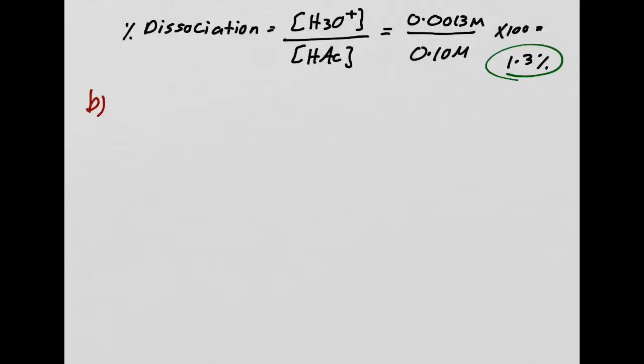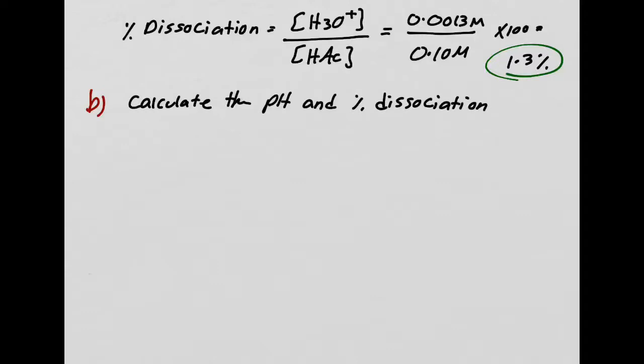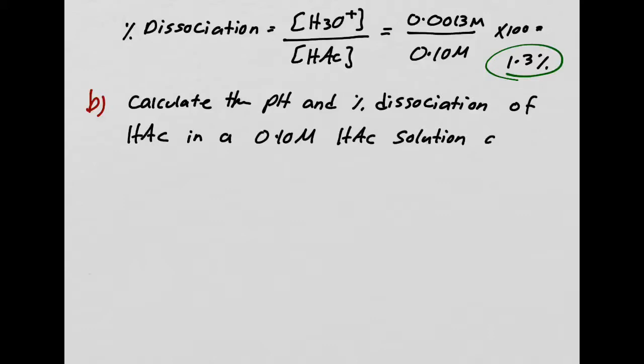Here's a question. Calculate the pH and percent dissociation of acetic acid, HAc, in a 0.10 molar acetic acid solution and 0.050 molar sodium acetate, NaAc.